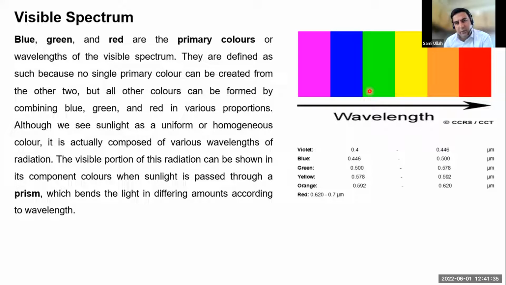For example, one example which we will also discuss tomorrow: in Landsat 8 satellite images, band 2 normally represents blue, band 3 represents green, band 4 represents red, and band 5 represents the infrared. So every band represents a specific wavelength of color. That's what you need to know.